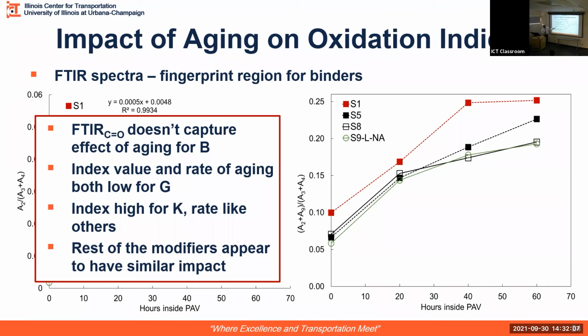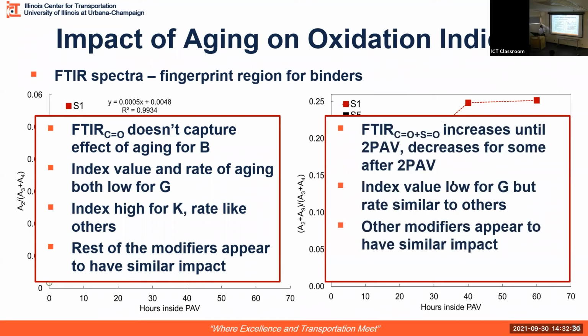When we looked at modifier K, it was hard to predict in terms of rate, because the rate of K was similar to others, which doesn't make sense when we look at the rheology, because the aging of K was significantly higher. So we'll see what probably changed here. The rest of the modifiers appear to have similar impact in terms of rate and index values.